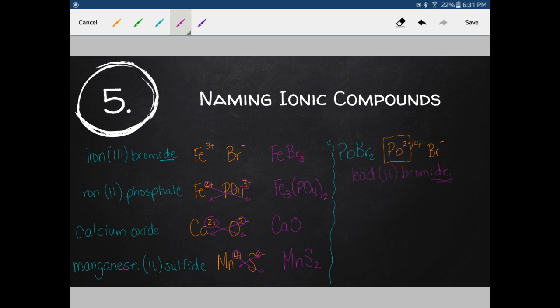Again, we can take a look at another example where you have to figure out a multivalent element. Let's look at tin oxide.